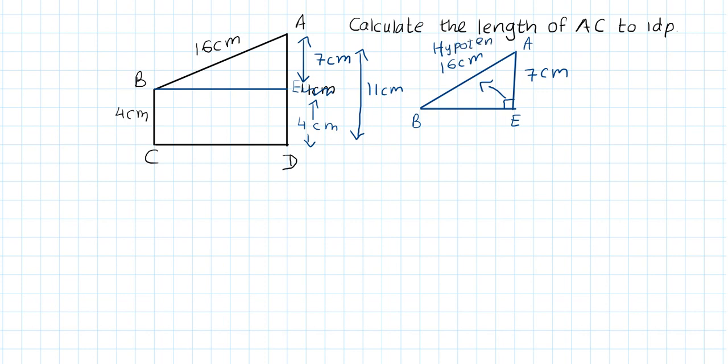Now, do we use trigonometry or Pythagoras? We're trying to find the length of BE. We're trying to find one side, and we have the lengths of two other sides. This doesn't involve any angles, so we're going to use Pythagoras.